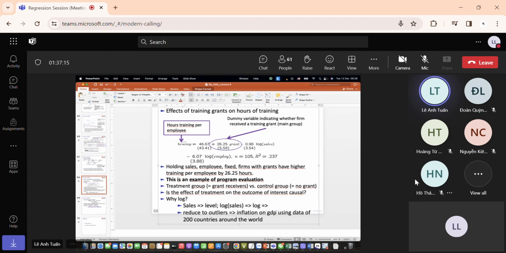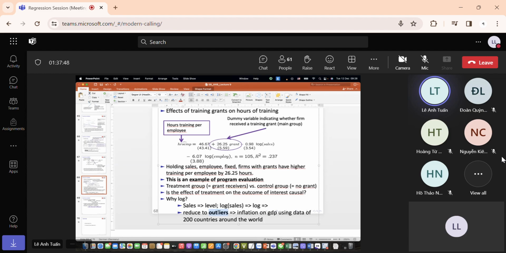For developed countries the GDP is very large, and for developing countries, sometimes the GDP is very small. That means we have a large difference in the GDP between developed and developing countries. So if we include them in the model, they have outliers.